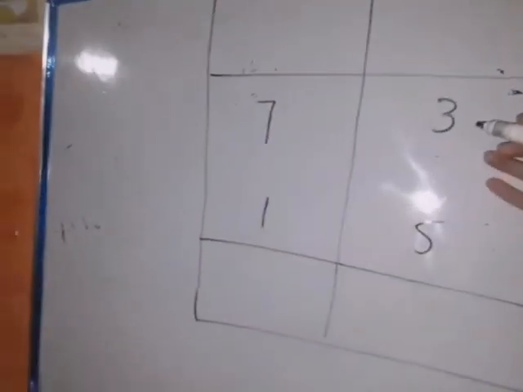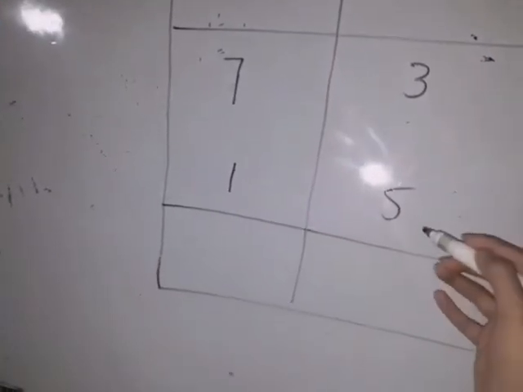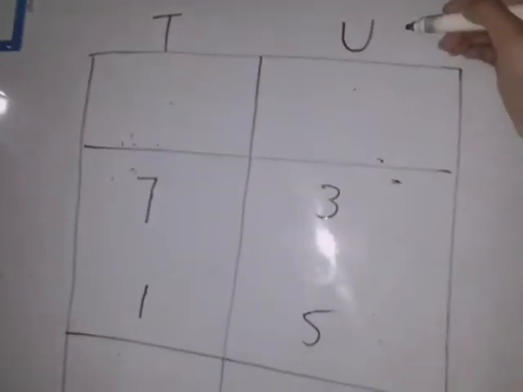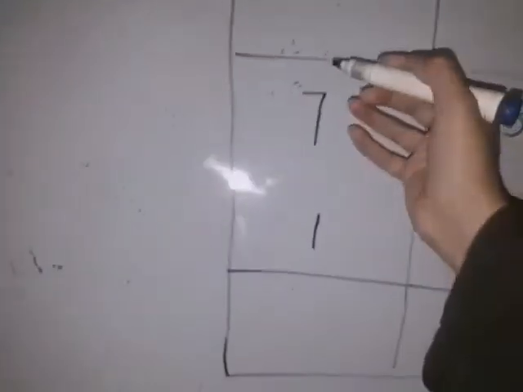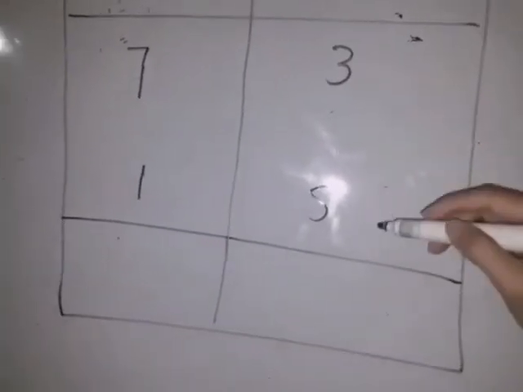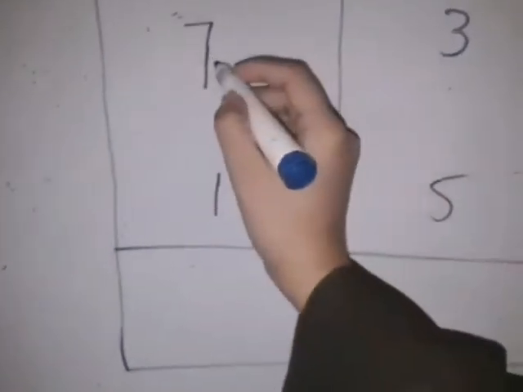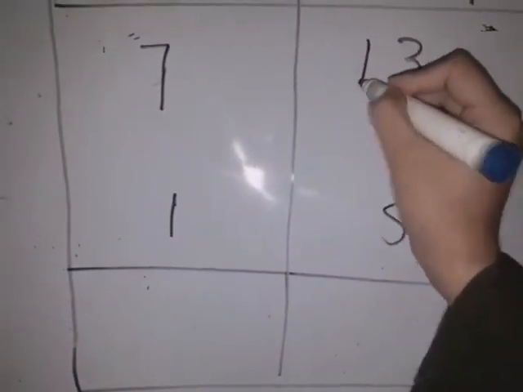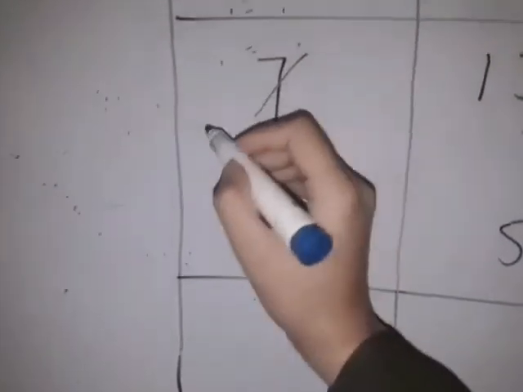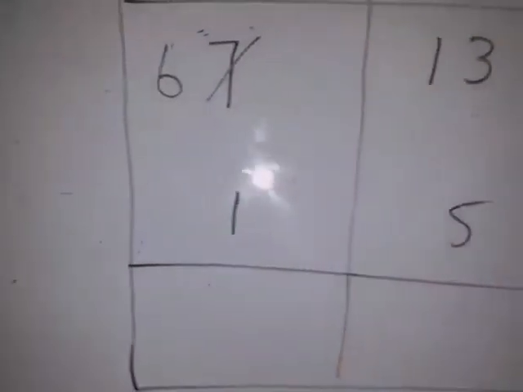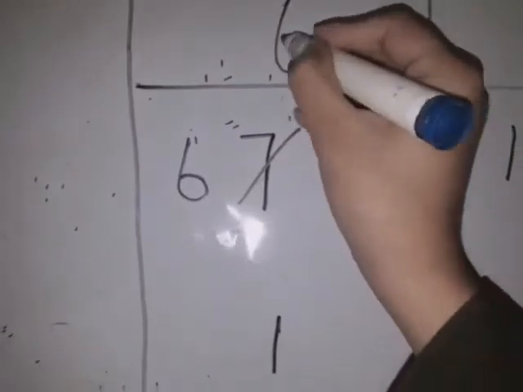Now look here. The digit 3 and digit 5 are in the unit column, 7 and 1 in tens. Now you have to subtract 5 from 3. You can't subtract 5 from 3 because 3 is less than 5. So you will borrow 1 from the 7. So here the 6 is left. Now write 13 here and 6 here.